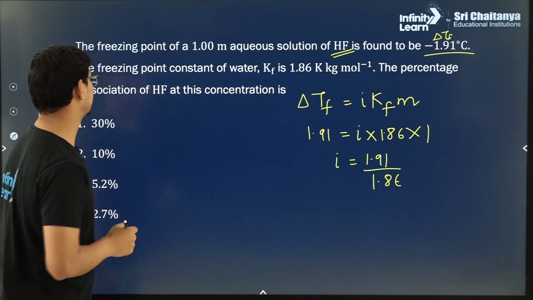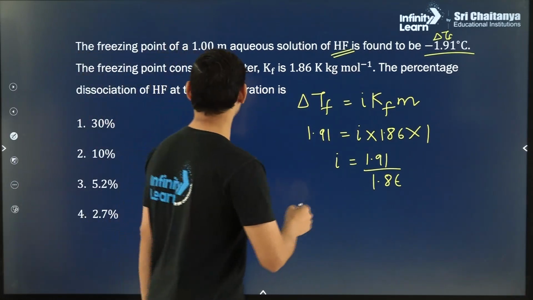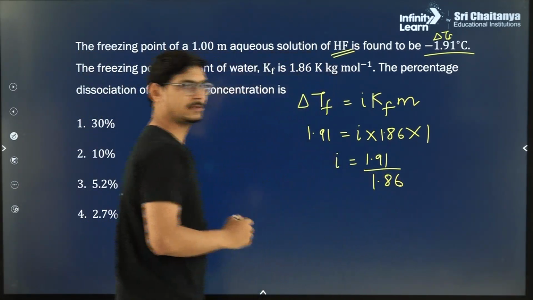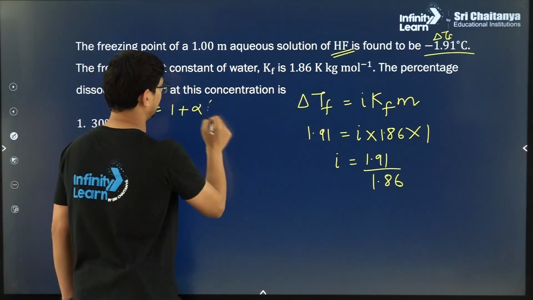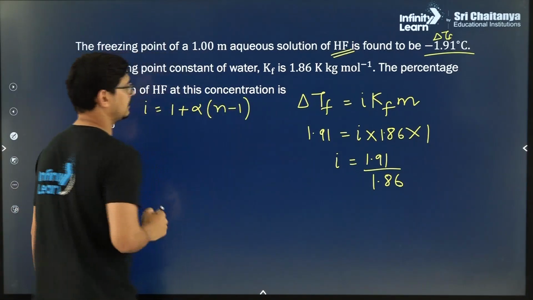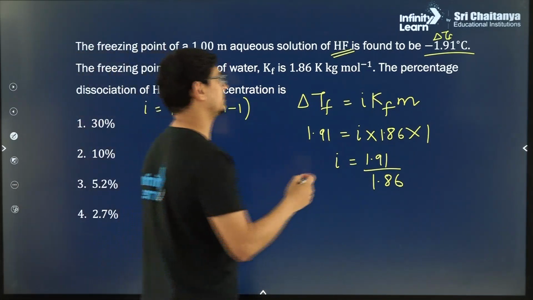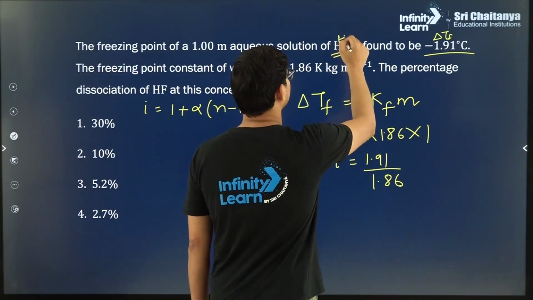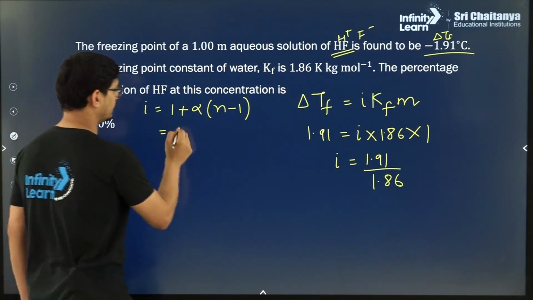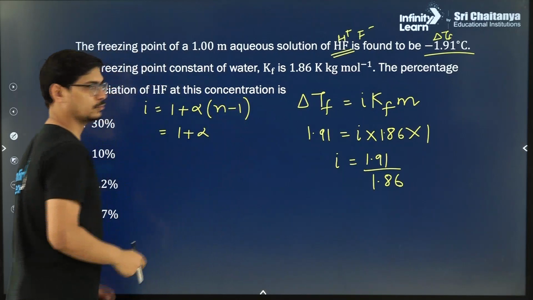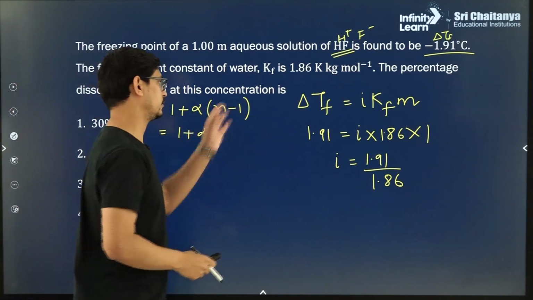Now the question is what is the percentage dissociation of HF. Remember, the Van 't Hoff factor expression is i = 1 + α(n − 1), where n is the number of particles produced upon dissociation. HF gives 2 particles, H⁺ and F⁻, so n is 2, and 2 minus 1 is 1.